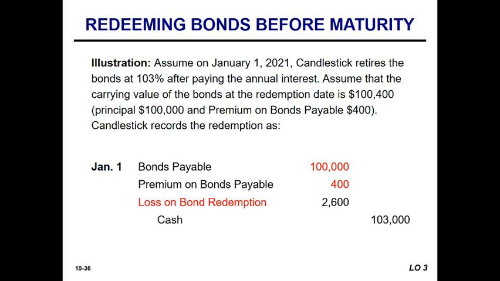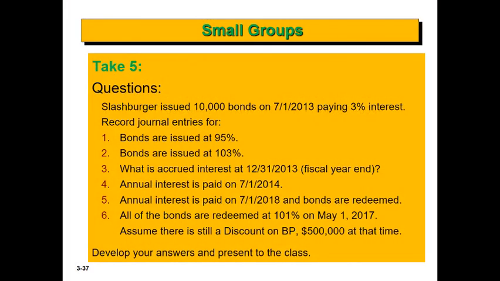Now, because we are in a recording, we're not in a live class, I'm not going to make you do this next problem. We'll actually work on it in class. Just go ahead and give it a quick look so that way you know the different things that we will be talking about. Gives you the pertinent information, how many bonds, the date they were issued, what their interest rate is. We're going to look at what would the company receive if the bonds are issued at 95%, what they're going to receive if they're issued at 103%.